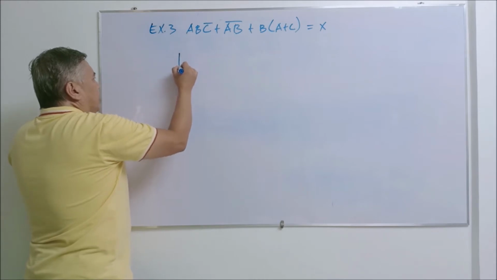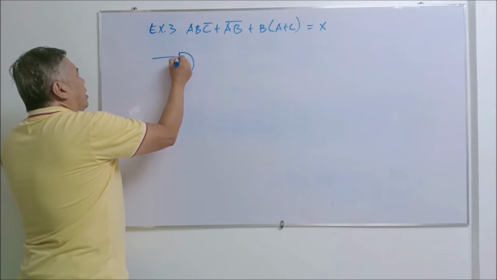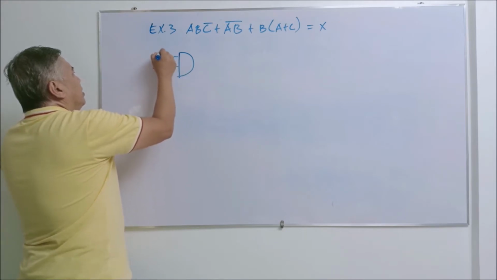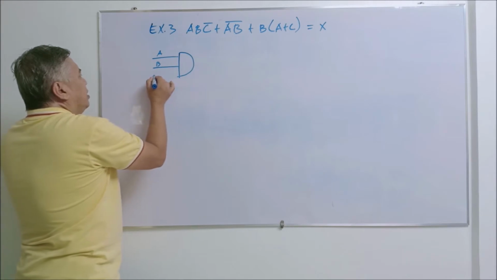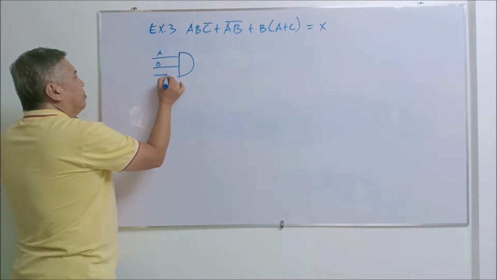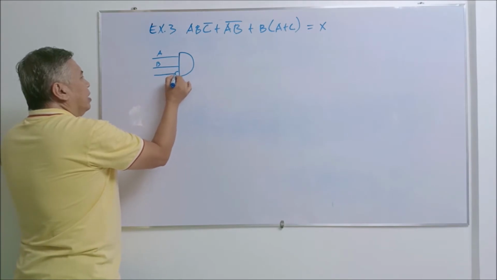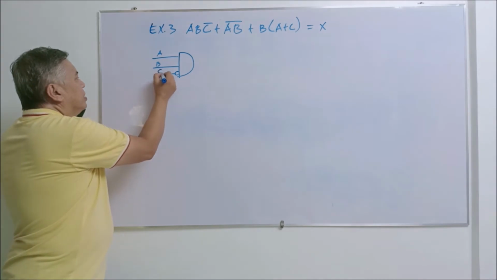So you have a 3-input AND gate, A, B, and C complement. So for C here, either you use an inverter or you represent the inverter with a bubble. Okay? And that is your C.